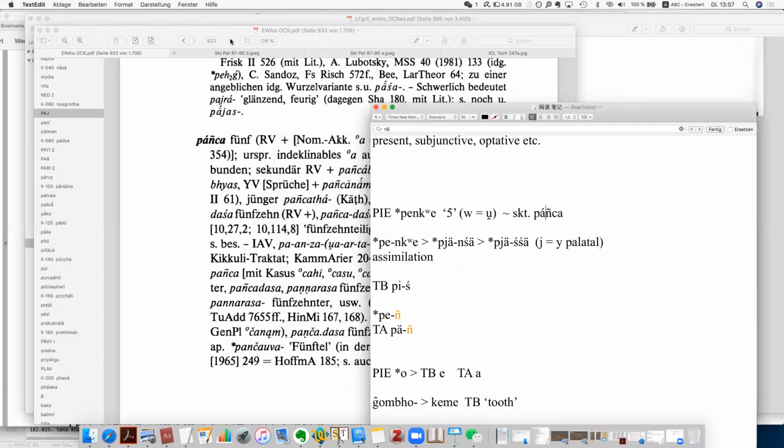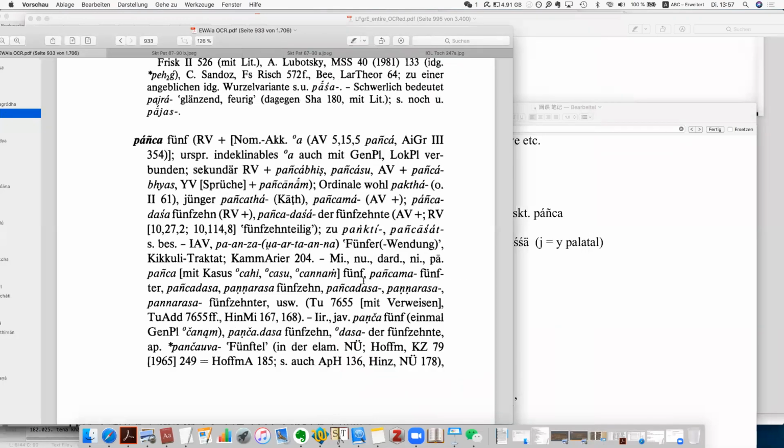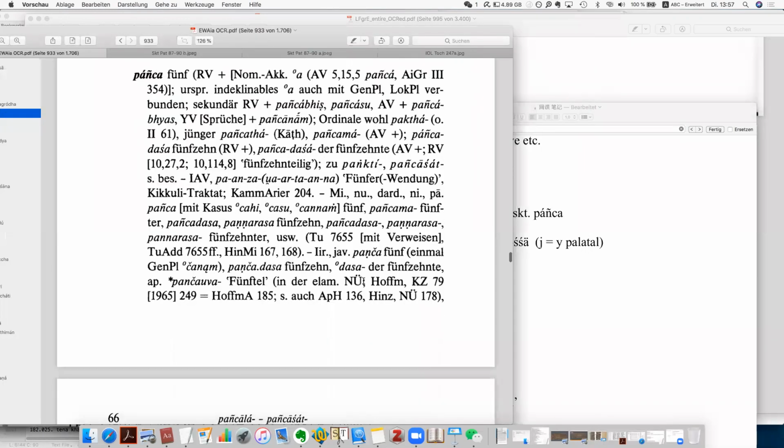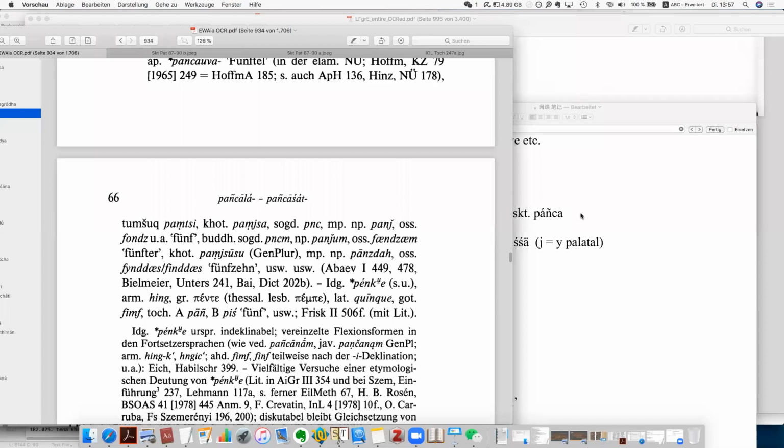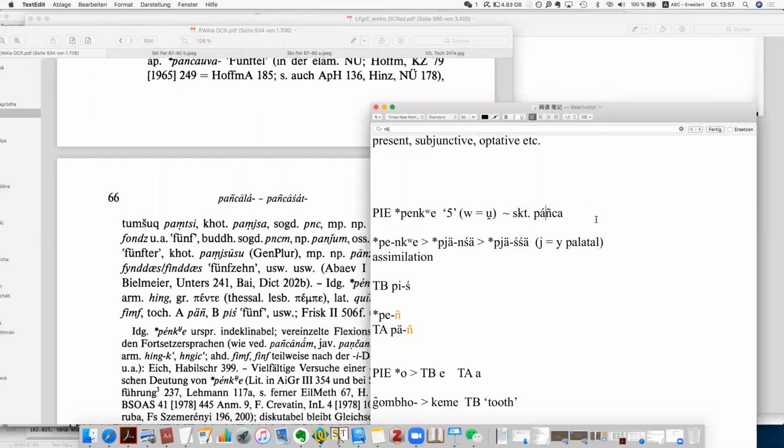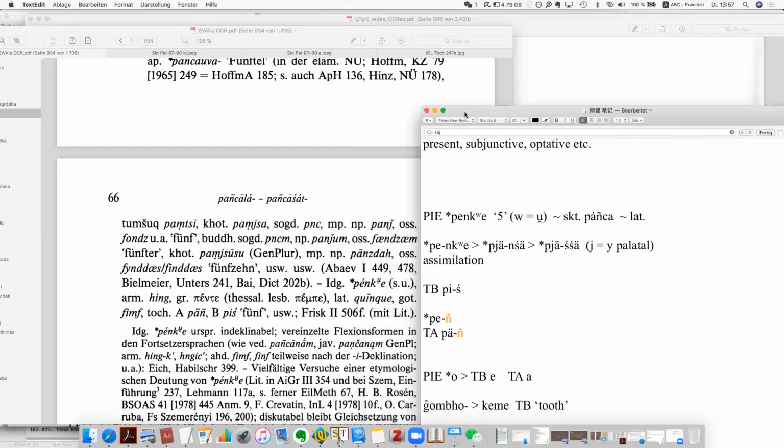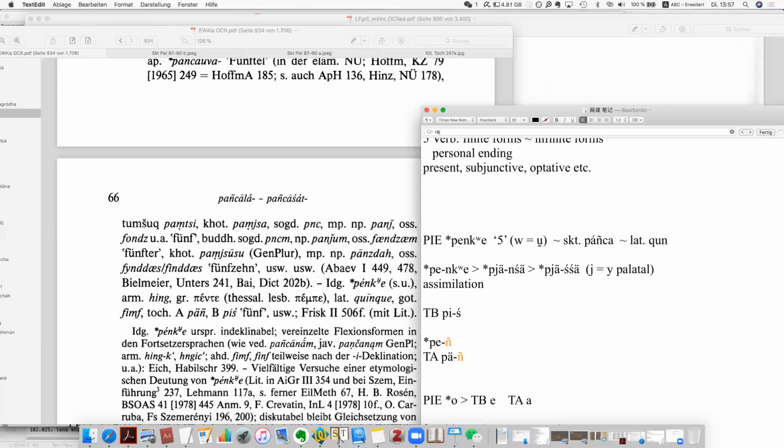So this is pancha. And then a little bit interesting is the word in Latin. In Latin, it is called quinque. You see, this is called quinque. So this is a little bit different, right?